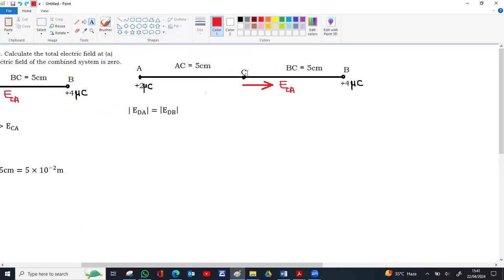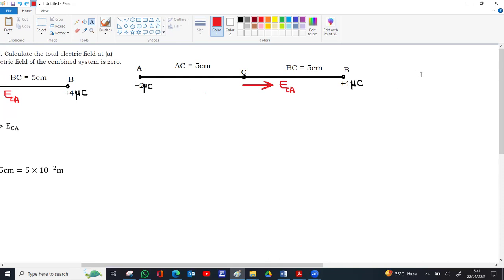It may not be at C. If you take a point on the right side, B is positive, A is also positive. So if we keep a test charge here, both positive charges will repel that to the right. So both electric fields are acting towards the right.